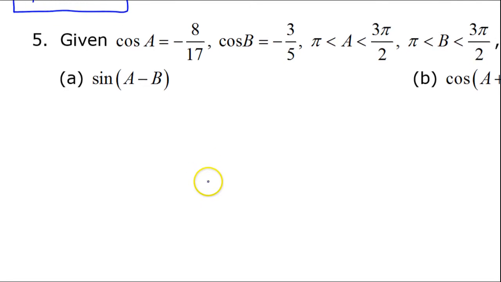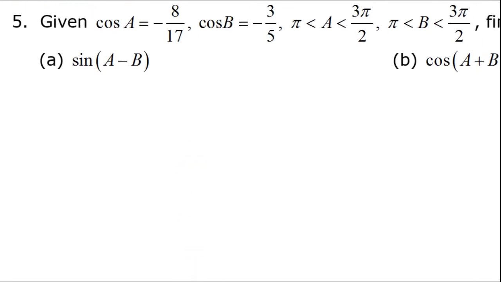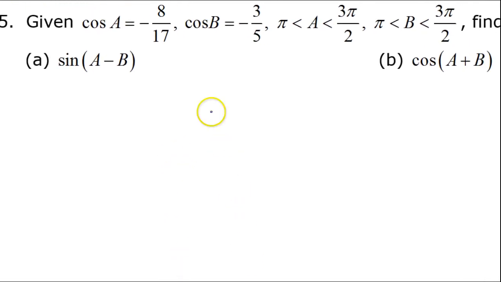So let's get started. The first thing we're going to need to do is draw ourselves a couple of triangle diagrams, one for angle A and one for angle B. So angle A is between pi and 3 pi over 2. They are describing the third quadrant.